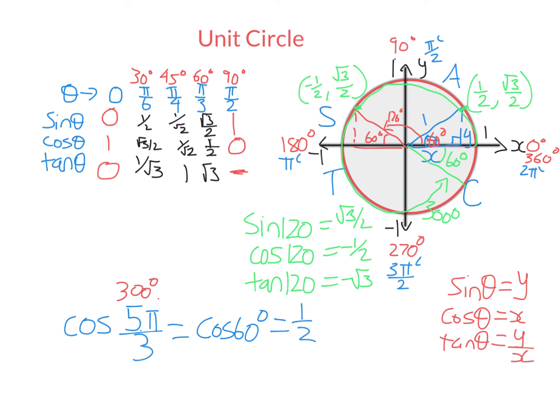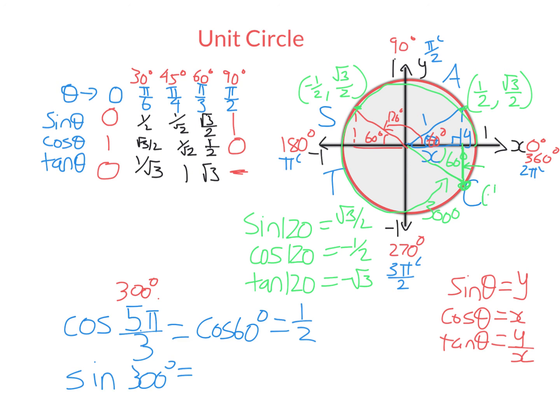I know that cos is positive in this quadrant. But on the other hand, if I wanted to find sine 5 pi on 3 or sine of 300 degrees, well, what would be the difference between sine of 300 and sine 60? Well, this triangle here is still the same, but the thing is the y value in this triangle is negative.